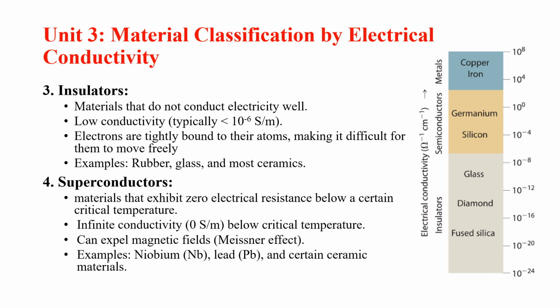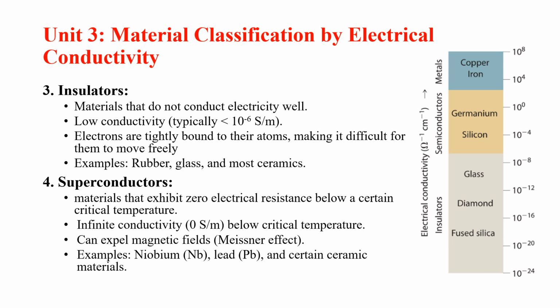Another classification for electronic material on the basis of electrical conductivity is superconductors. Superconductors are a special class of material that exhibit zero electrical resistance below a certain critical temperature.